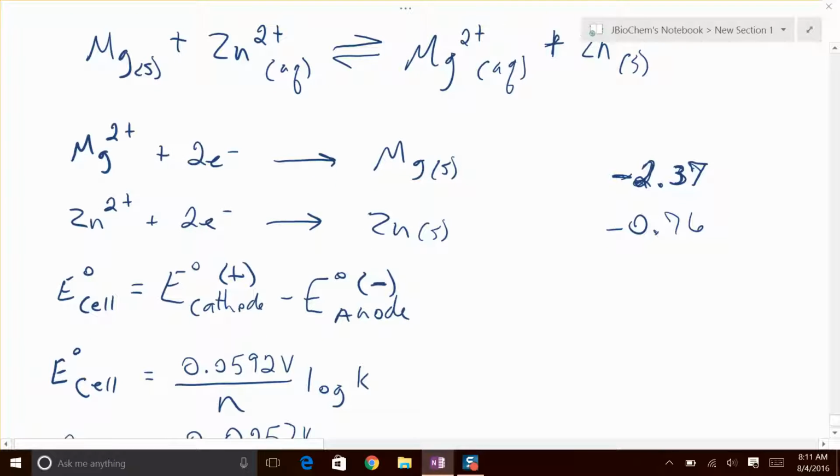What was it, 0.0592? Where did that come from? That's just in the equation. I know, man. Oh, so it's part of RT over F, which is Faraday's constant. That's where you're getting it from.